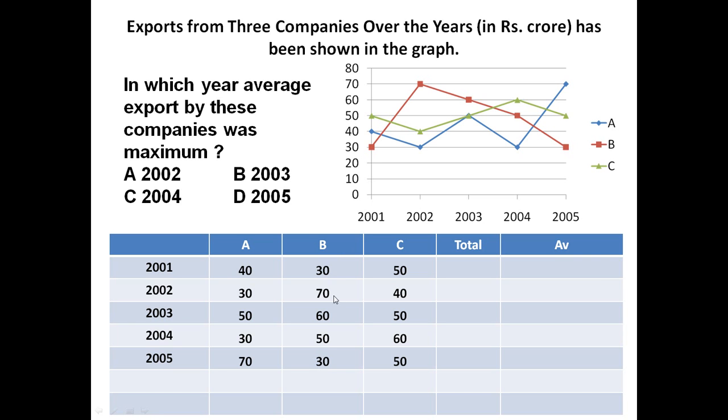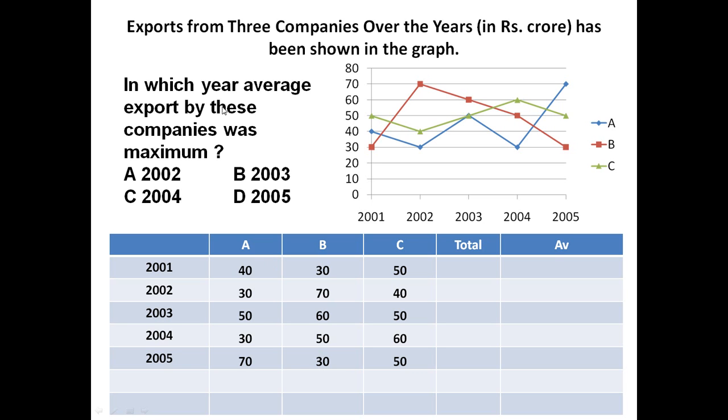Then it is 70 crores, 70 here, 60 here, 50 crores here, and again it comes down to 30 crores. Similarly for company C, year 1 50 crore, year 2 it is 40 crore, then again it rises to 50 crore, then 60 crore, and again it comes down to 50 crore. So this is the information given in the graph which we are representing in this tabular format.